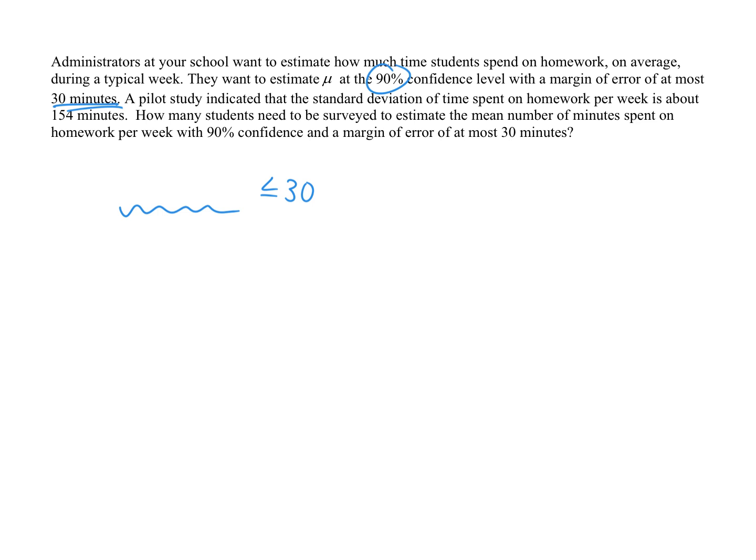So it's not possible for us to use T. So instead, we're just going to use Z. So this is really the only time that you use Z. So we will use Z on the table because we don't know the degrees of freedom. So if I look up 90%, that Z value is 1.645.